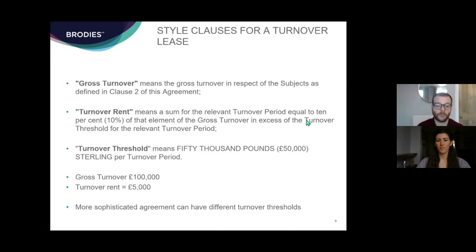So again, if we use the same figures as before, the gross turnover is £100,000, then the difference between that and the threshold would be 50,000, and your 10% turnover rent is calculated on that figure, and that gives you the rent coming in as £5,000. Now, as I did say, these can be negotiated, and more sophisticated agreements can be reached between the parties where we have different turnover thresholds and different turnover percentages being generated at various levels of sales. So that again is something to think about as well.